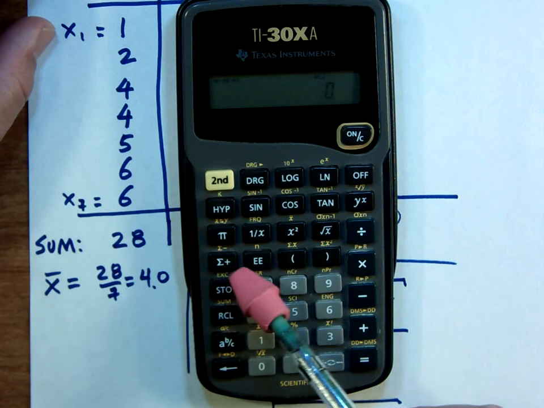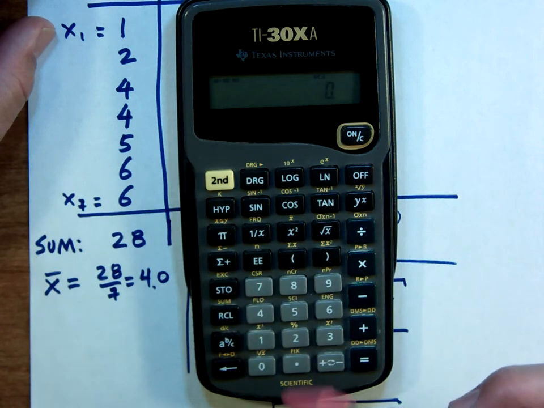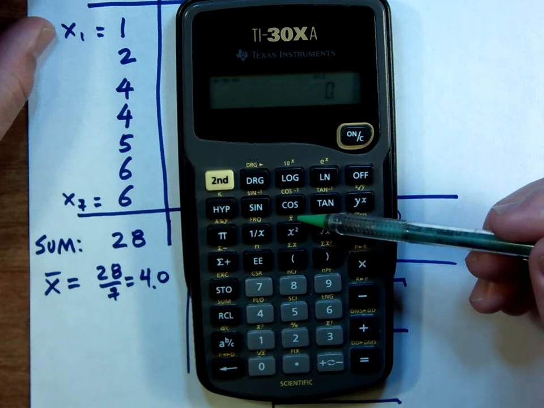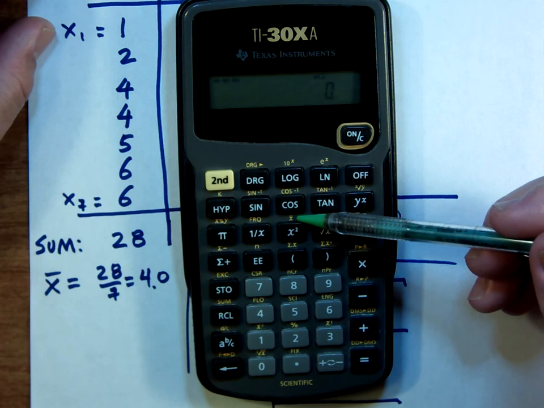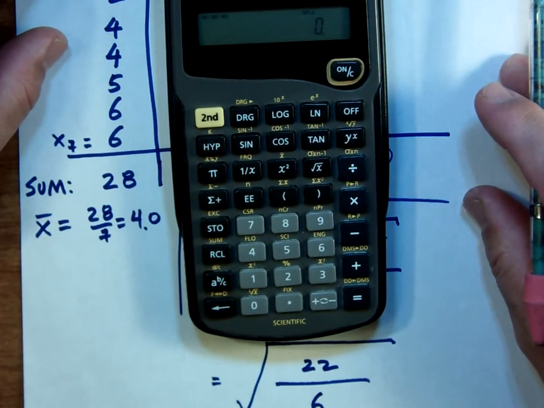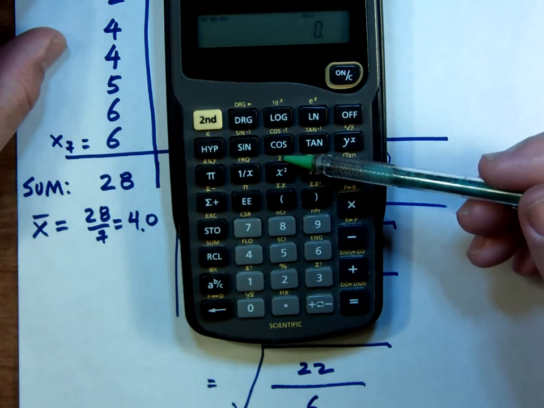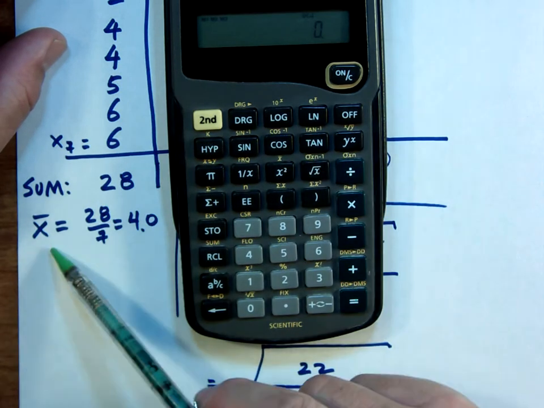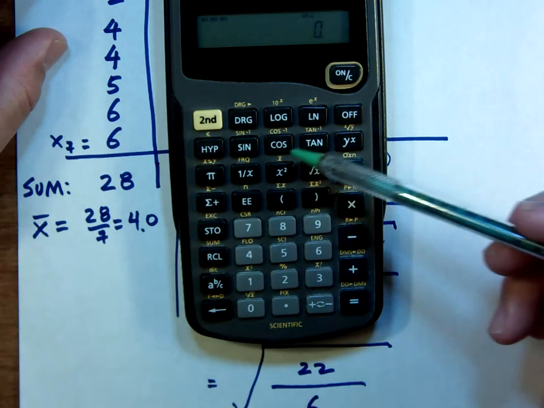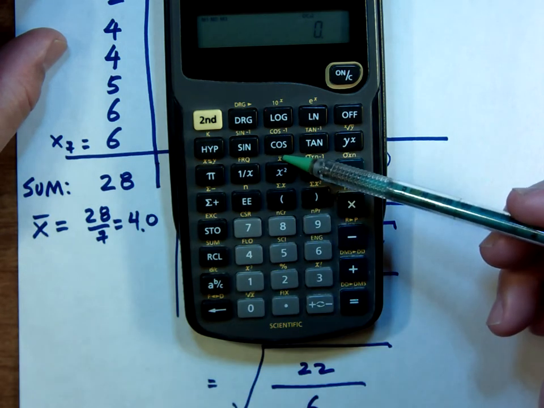The second one is the second function of x squared, which is this. If you look carefully, that's supposed to be x bar, the sample mean, the same symbol as this. Later, after we enter the data, we press this, and that should give us 4.0.